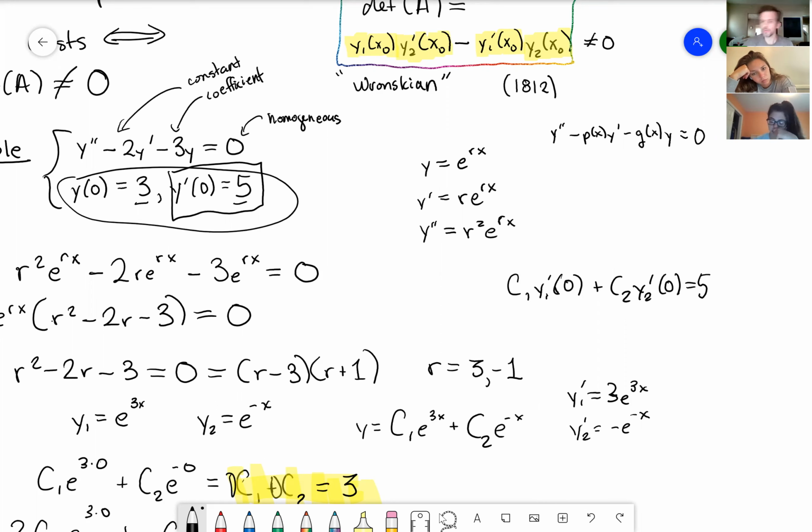In this special case, and I think we'll talk about this tomorrow, we will always have y equals e to the rx as a solution. It will always end up with a quadratic at the end. The quadratic will hopefully have two independent real roots, and those two independent real roots will give us two fundamental solutions, or a fundamental set of solutions.